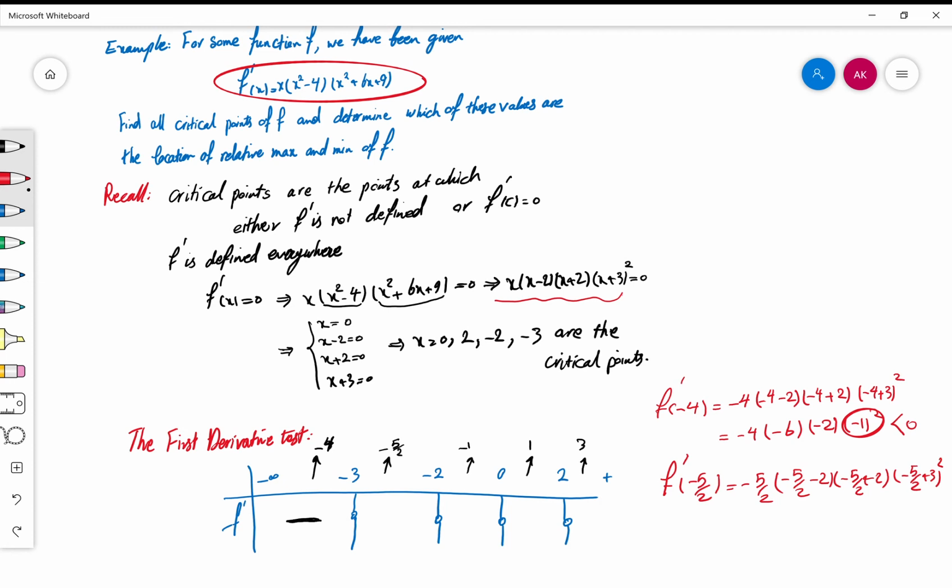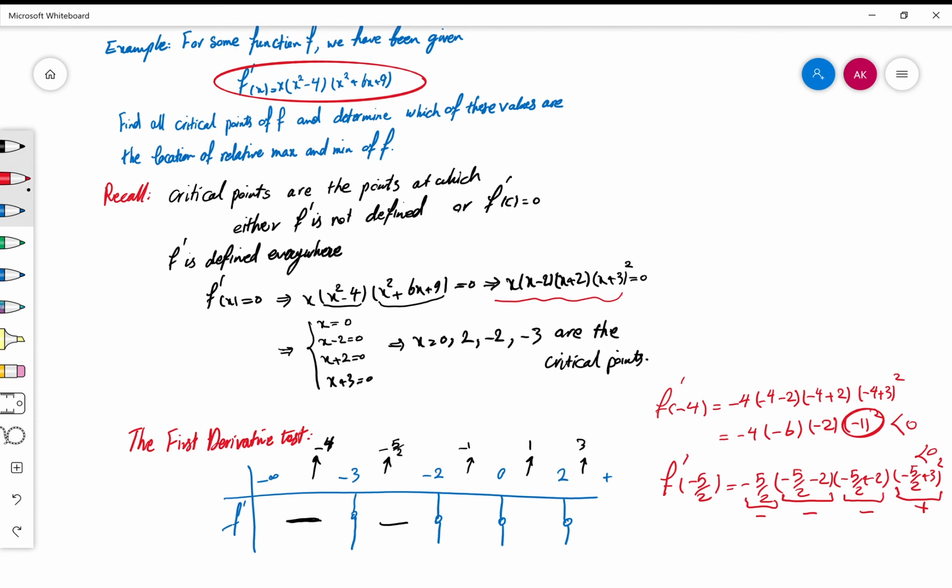I need only the sign. So this piece here, whatever is inside, square it, you get a positive number. Here, this is negative 2.5 plus 1, this is a negative. This is another negative. This is another negative. 3 negatives, you multiply, you get a negative sign. So this interval is going to be negative also.